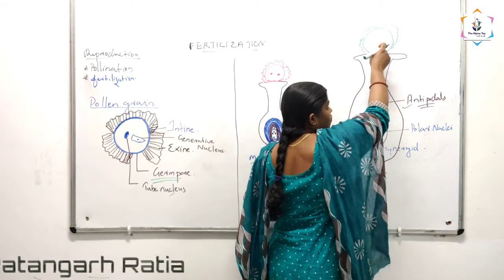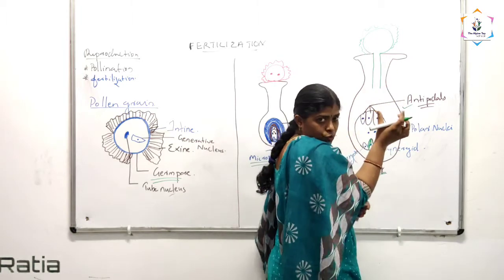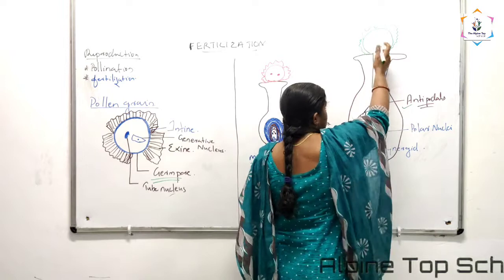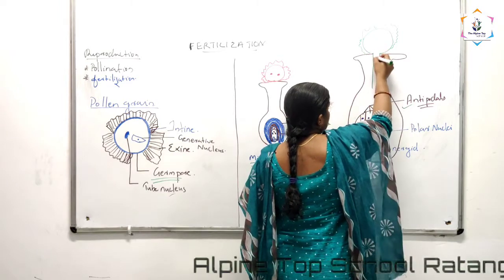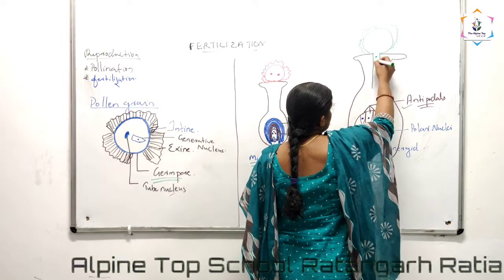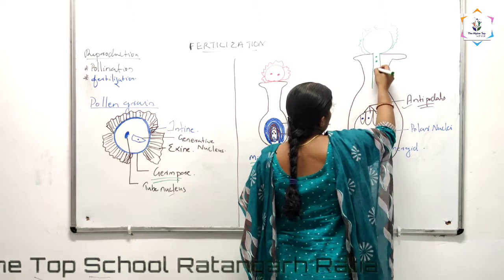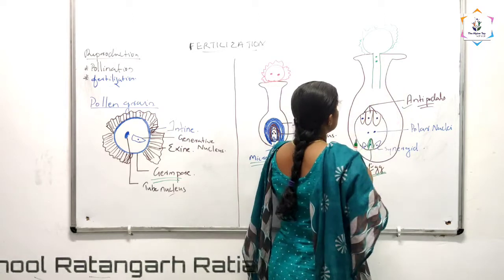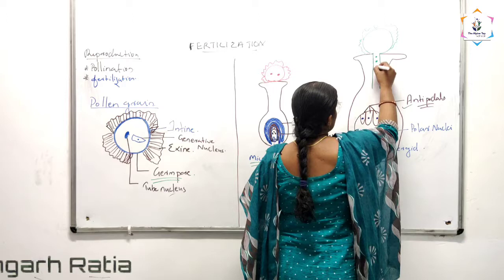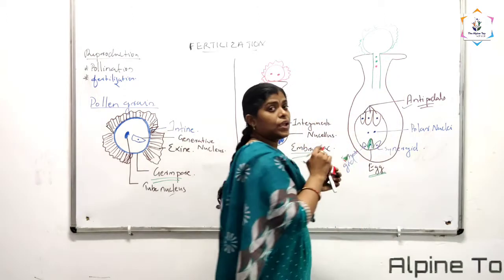So at the time of germination of the pollen tube, the generative nucleus divides into 2 nuclei, and the tubular nucleus is also there in the pollen tube. Like that, 3 nuclei will be there.